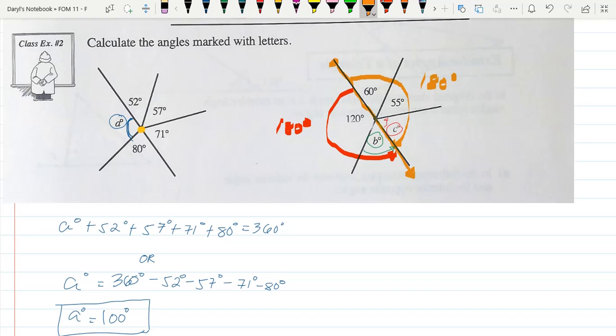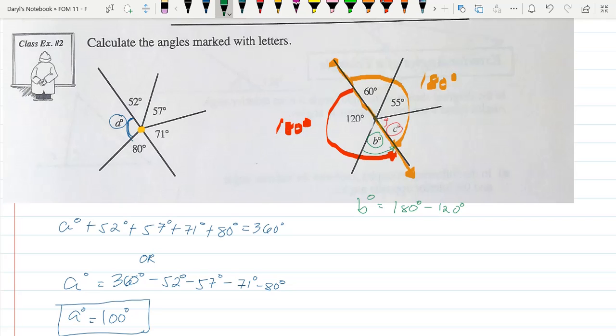That means angle B, using that relation, the sum of B and 120 is 180 degrees.